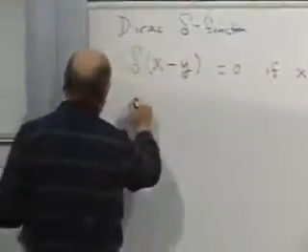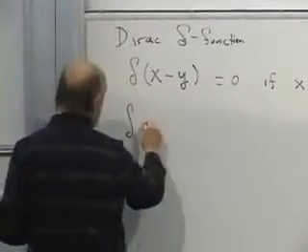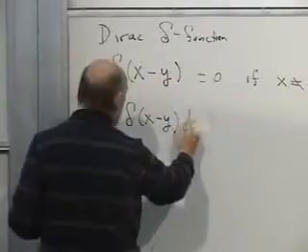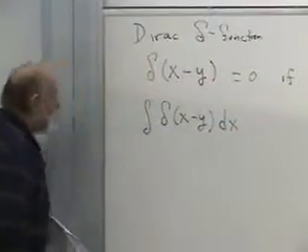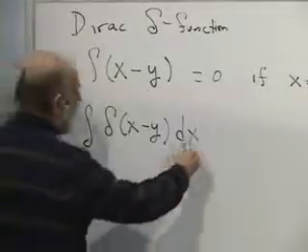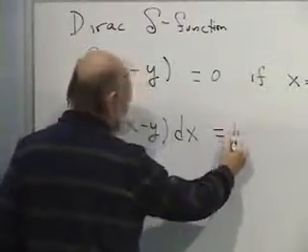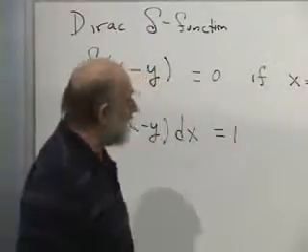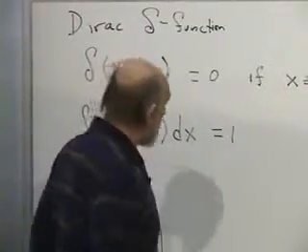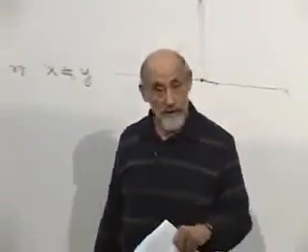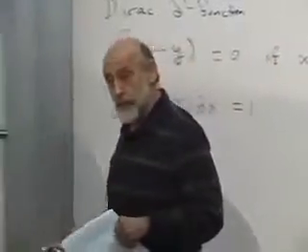So it's defined so that the integral of delta of x minus y dx doesn't depend at all on y. It's just equal to 1. Now, is there any real function which does that? No. No honest-to-goodness, mathematically well-defined function can be 0 everywhere except at one point and have an area equal to 1.